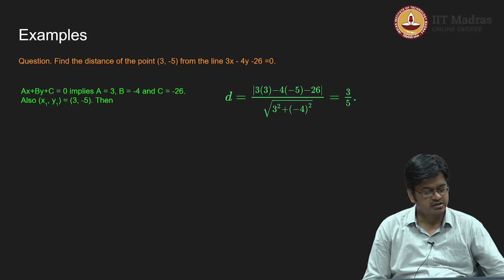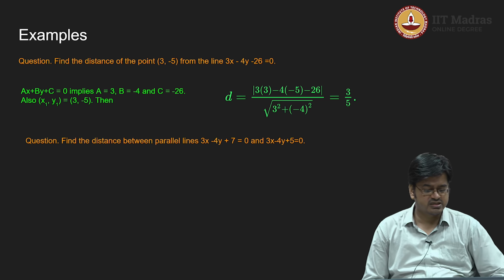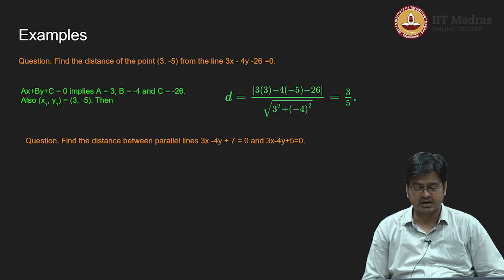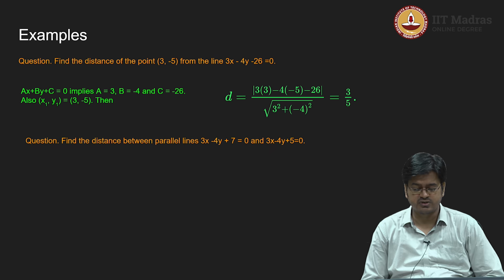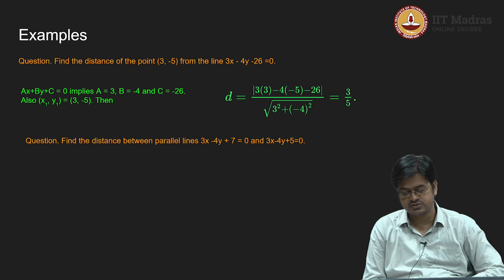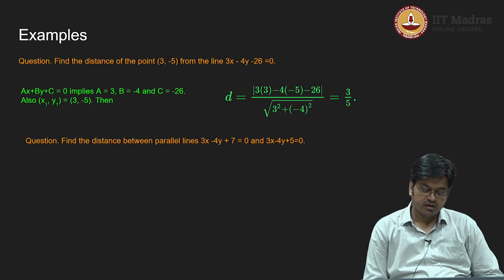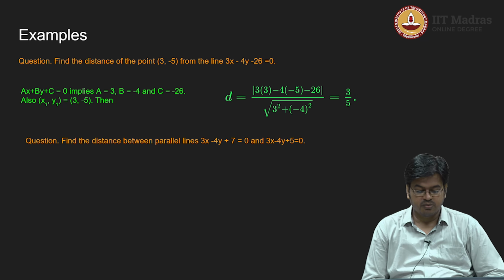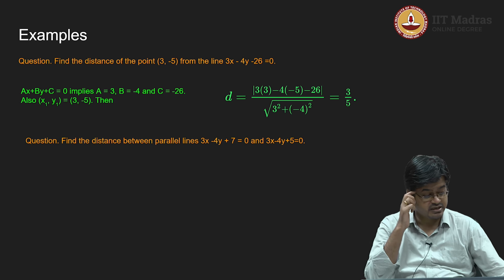In a similar manner, you can ask a question: what is the distance between two parallel lines, 3x minus 4y plus 7 is equal to 0, and 3x minus 4y plus 5 is equal to 0? So, what is the formula that we have derived?